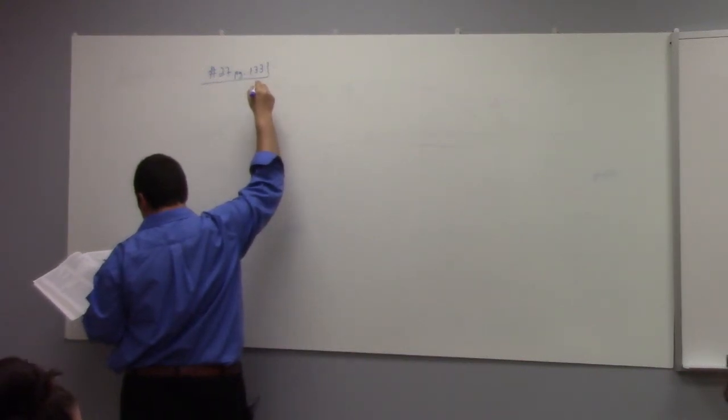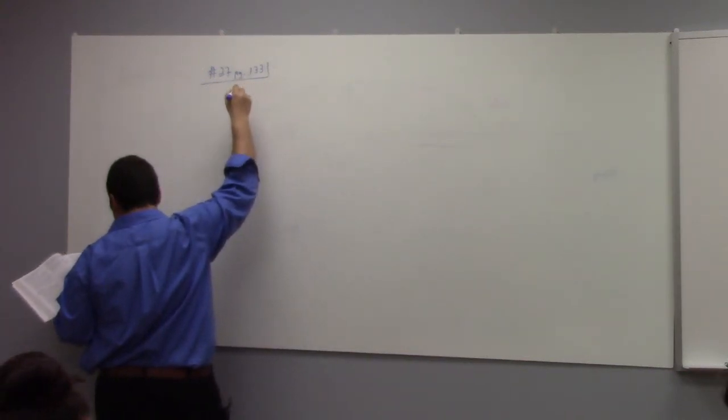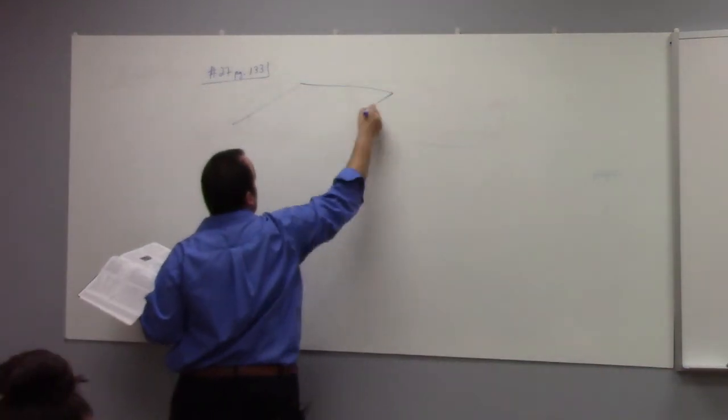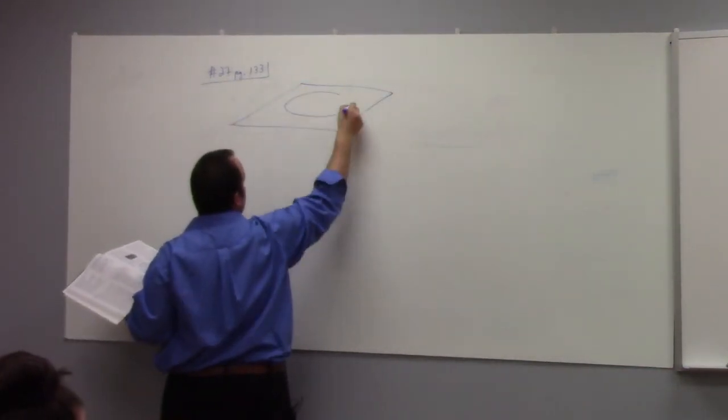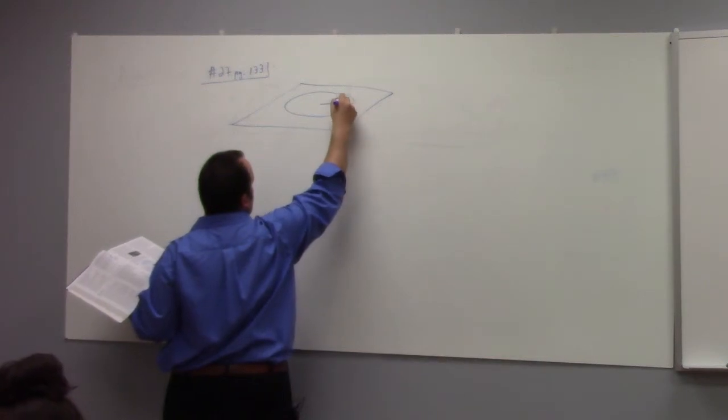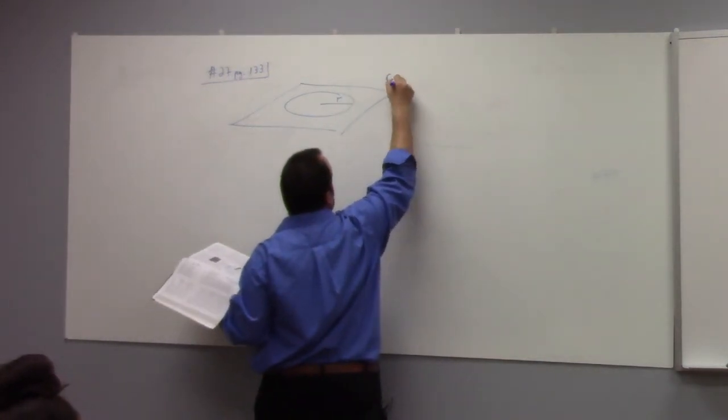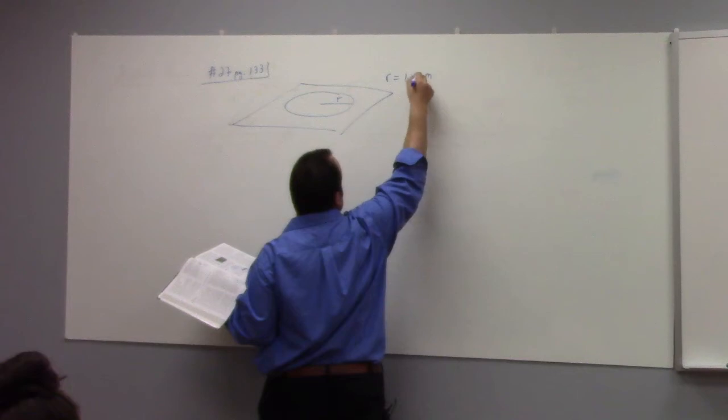A particle revolves in a horizontal circle of radius 1.95 meters. So radius equals 1.95 meters.